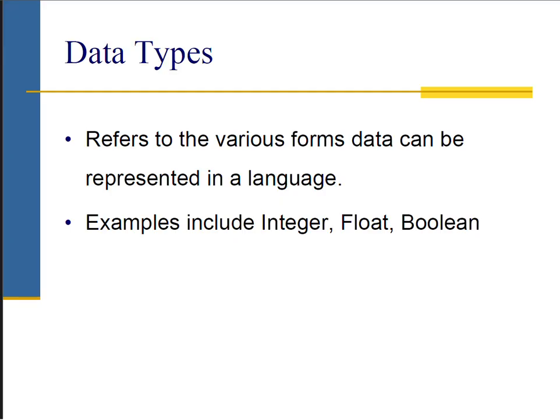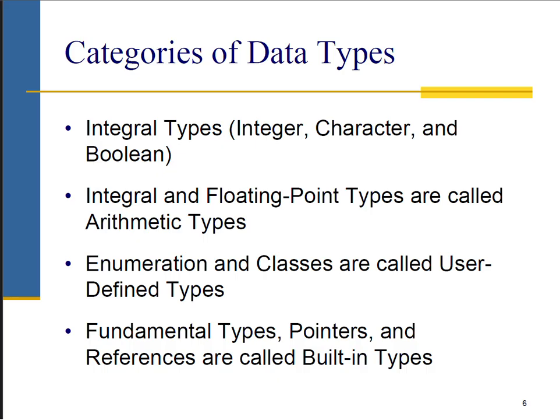So starting with data types. Data types refers to the various forms that can be represented in a language. Examples include integer, float, boolean. Now we have categories of data types. We have the integral types, that's integer, character, and boolean.